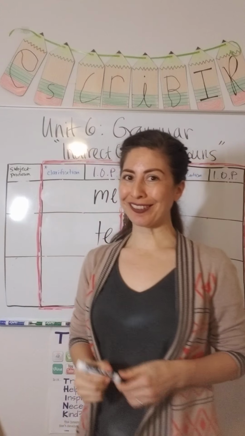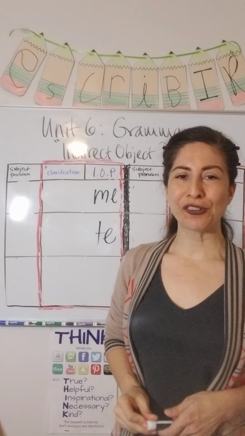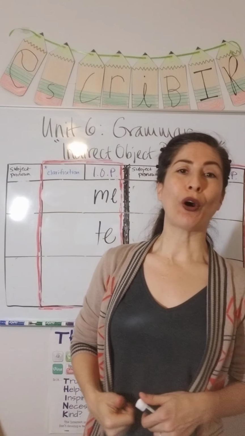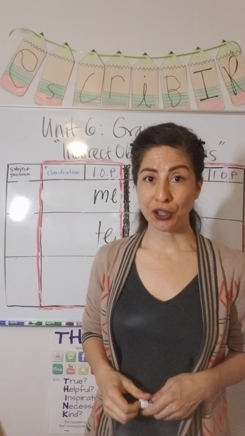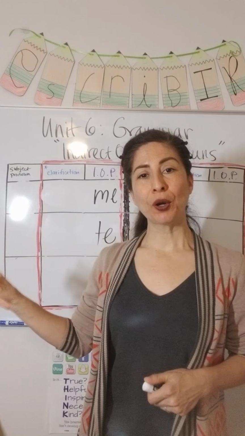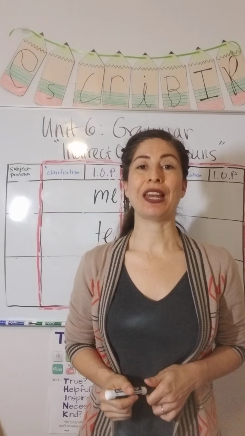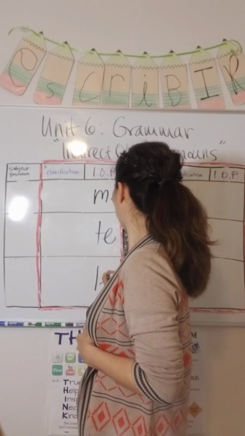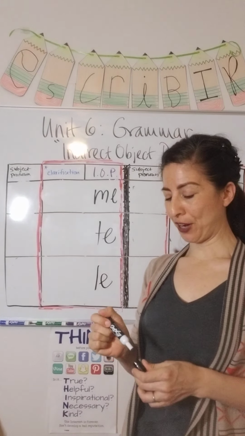Now, if instead this person catching the ball happens to be he or she or the you formal, those pronouns then all of a sudden in Español become le. Okay? Very good.